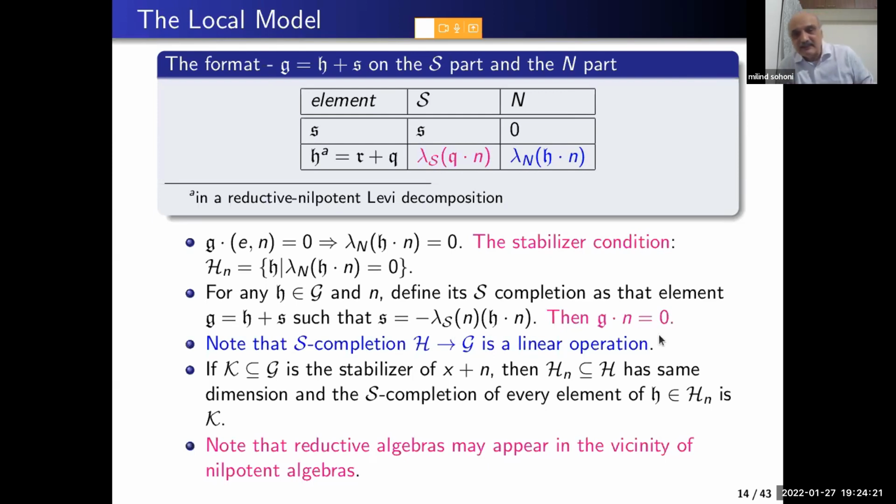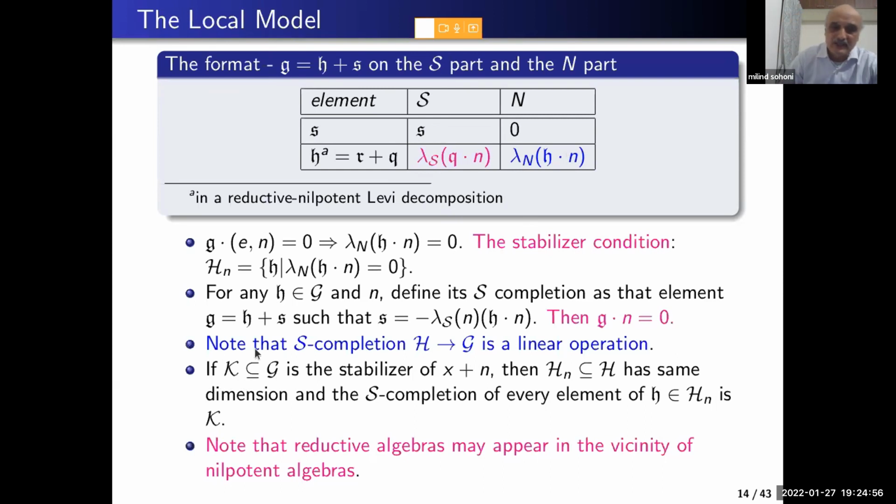So in principle, the solution of the stabilizer is really in terms of lambda n and the action of h on n, which need not preserve h, but may have some n part and some s part. So all the stabilizers at the point x plus n, or y for that matter, every element which stabilizes the point y can be split into something which stabilizes this part and something which complements the horizontal part.